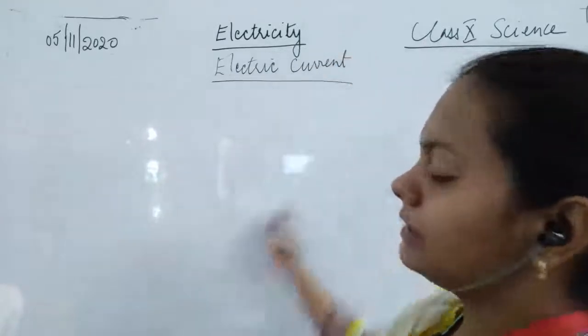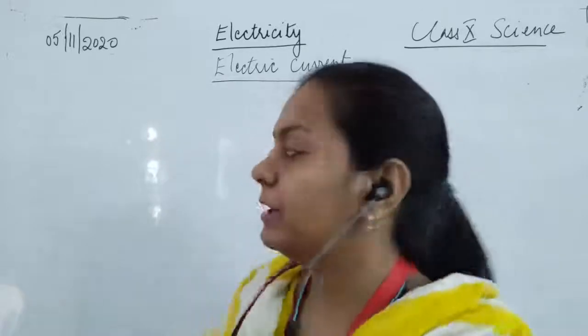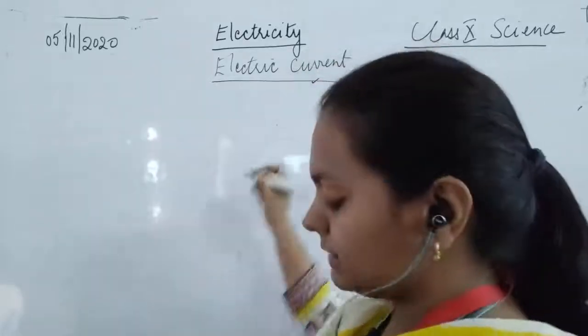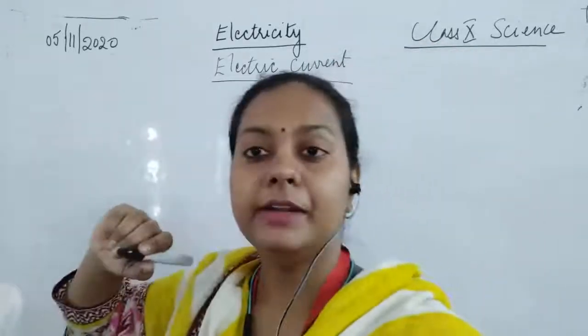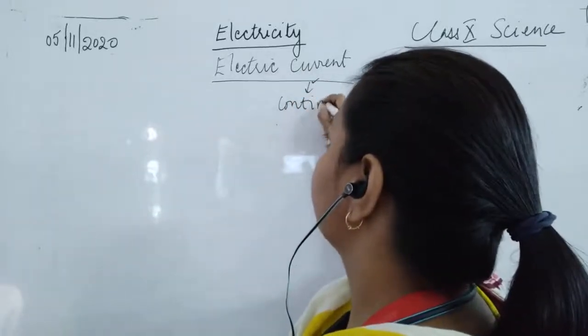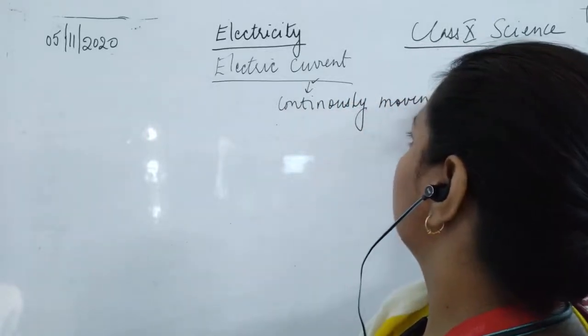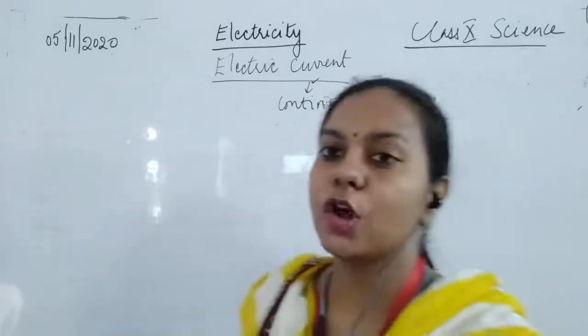Electricity is an energy, but electric current, as I am telling you, means something which is continuously moving. It keeps on moving.